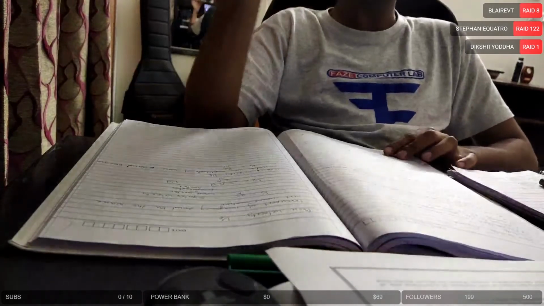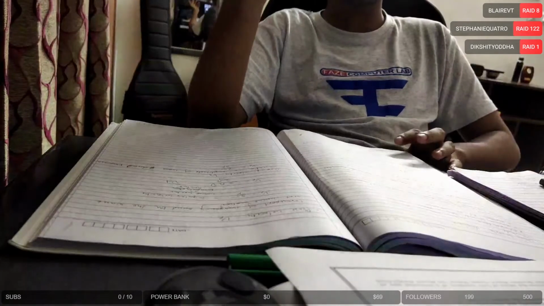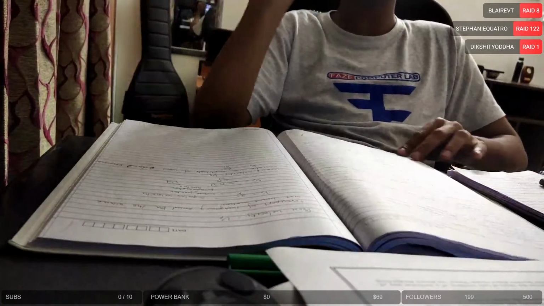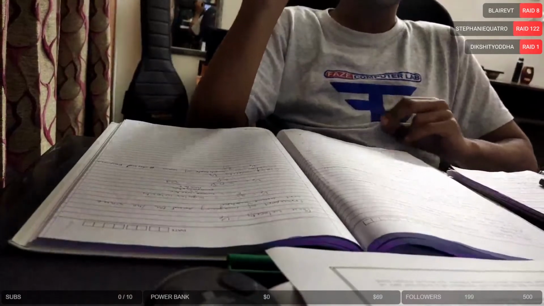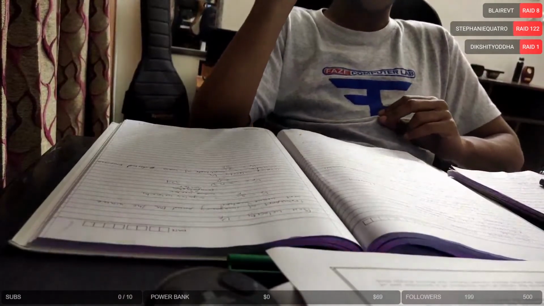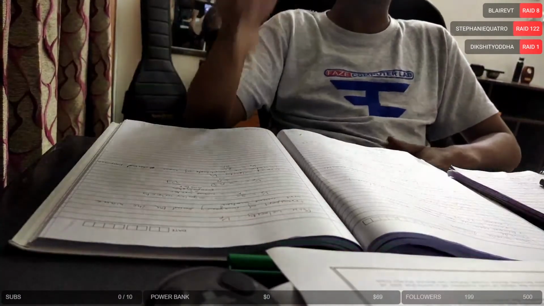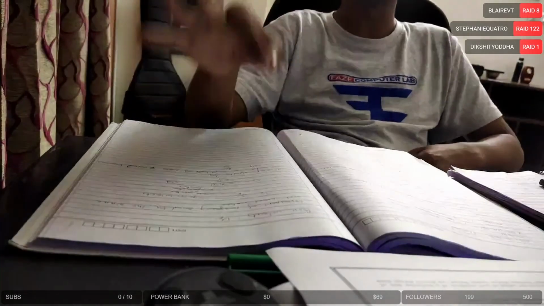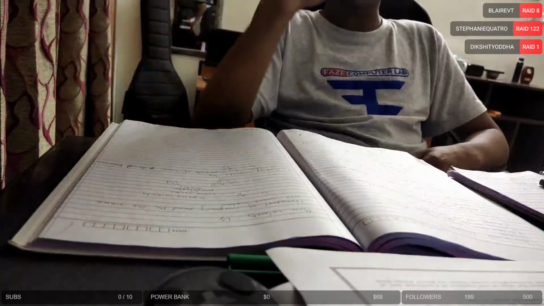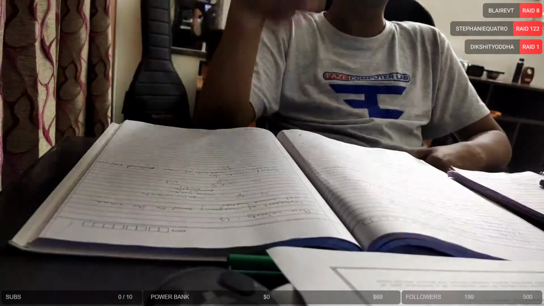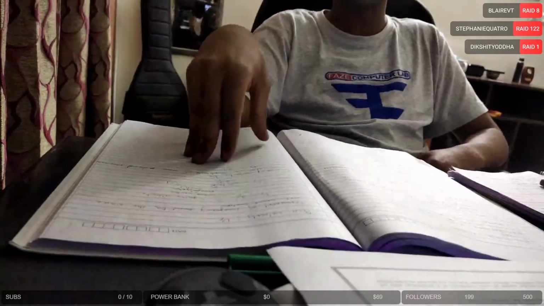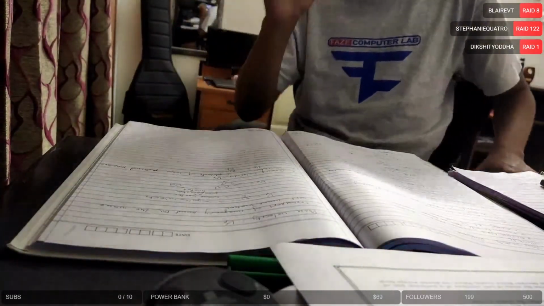So here's what we go through when we're going through the de Broglie wavelength. The size of the particle is proportional to the wavelength, and the velocity is inversely proportional to the wavelength.